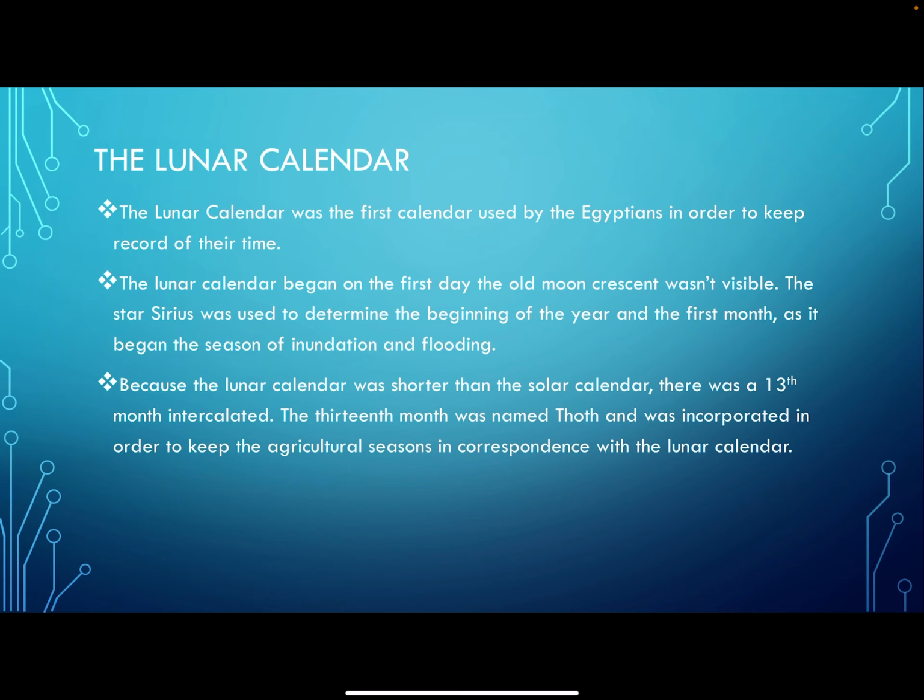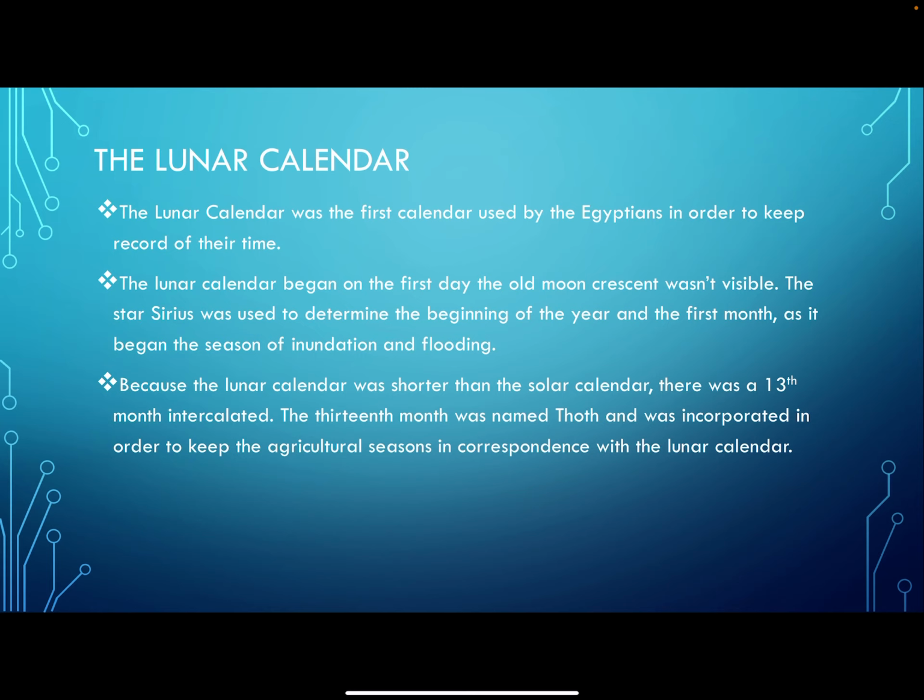Because the lunar calendar was shorter than the solar calendar, there was a 13th month incorporated. The 13th month was named Top, and it was incorporated in order to keep the agricultural seasons in correspondence with the lunar calendar.